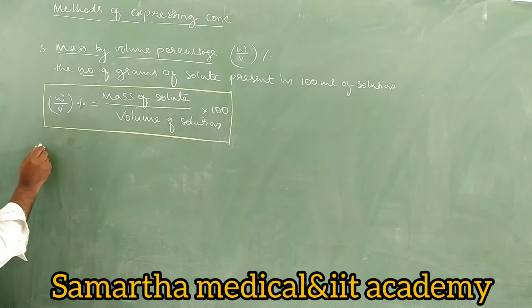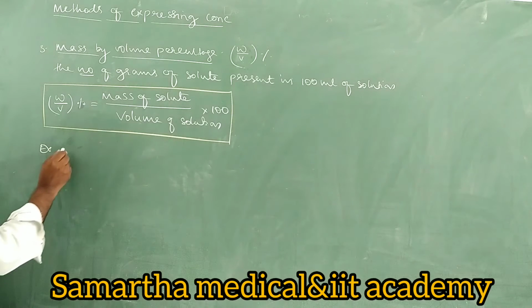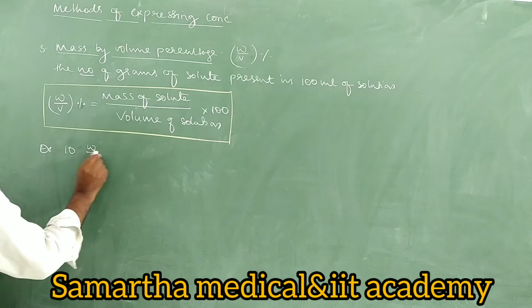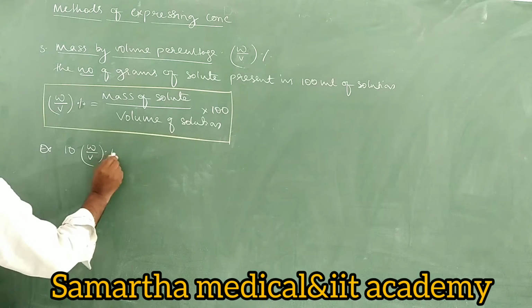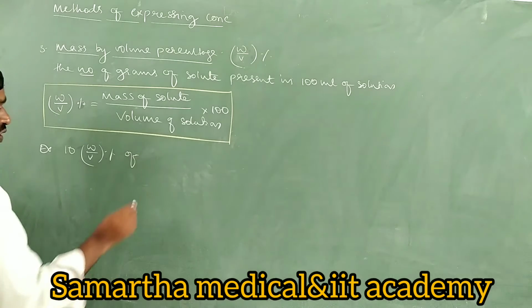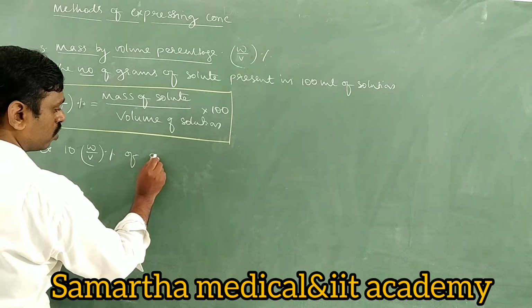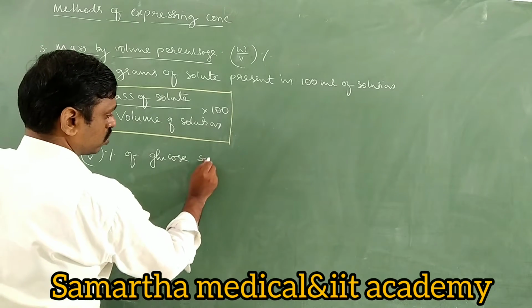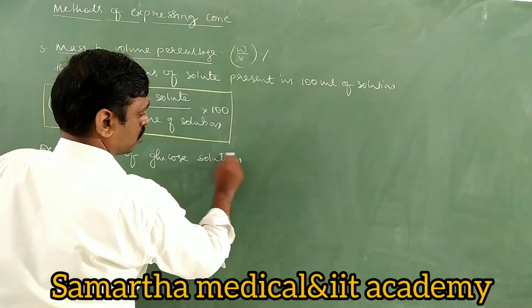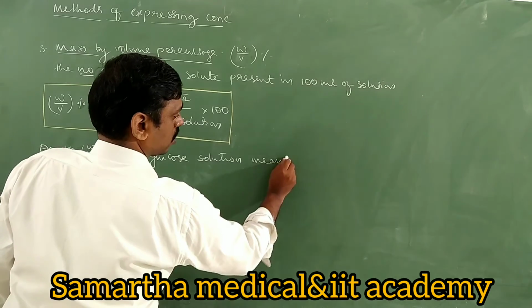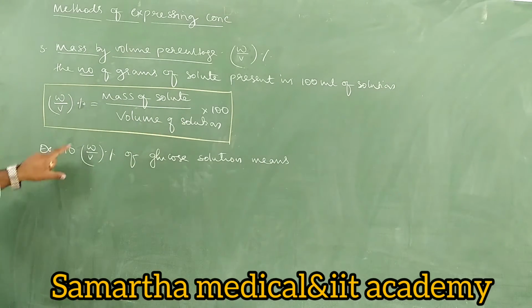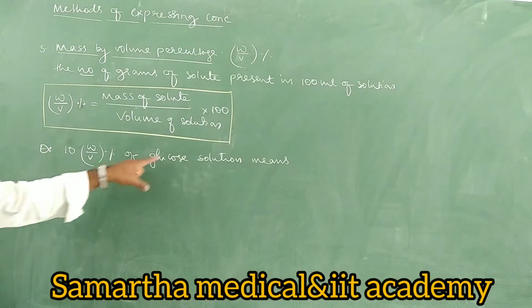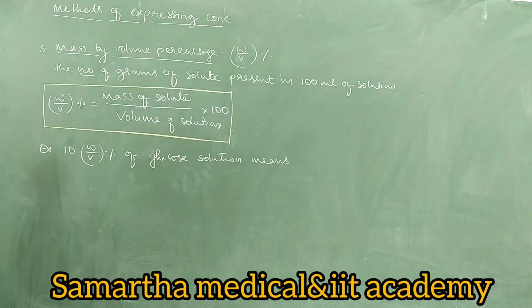For example, if it is 10 W by V percentage of glucose solution, what does it mean? In a problem they will give it like this: 10 W by V percentage of glucose solution.